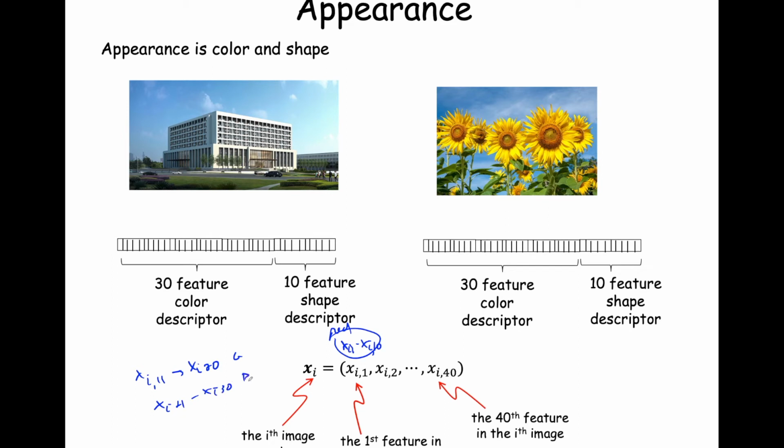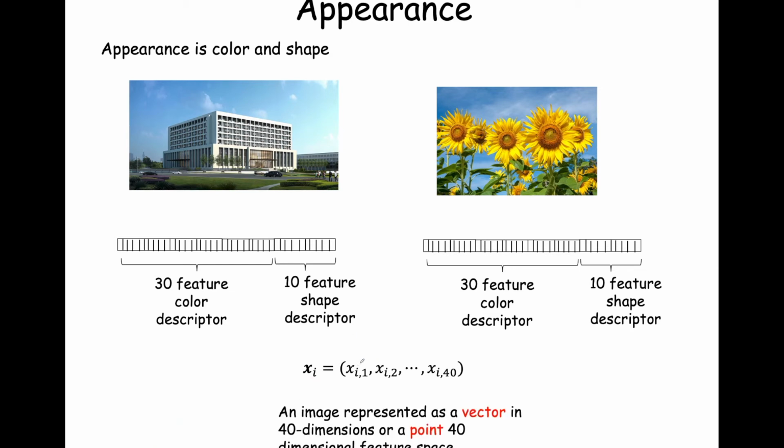That's going to be the blue, and then lastly xi31 through xi40. That's going to be theta, our edge descriptors. Okay, and so each one of these positions in the vector represents a feature, and that feature is computed from the bin counts of the respective histograms for color, each color channel, and shape, the edge orientation, theta.